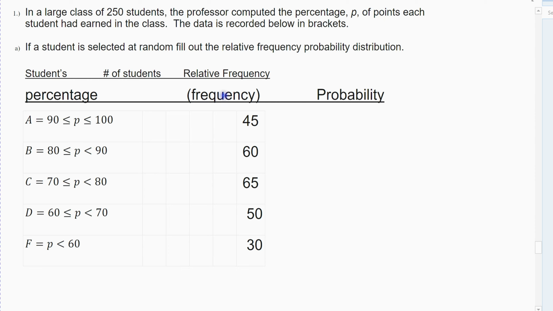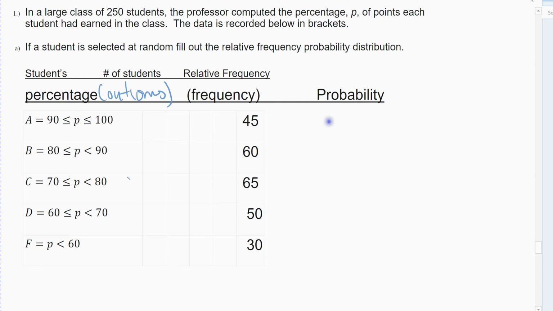These are all of my events: I get an A, a B, or a C, and these are the frequency of my event. Event getting an A, event getting a B, event getting a C, and event getting a D. These are my outcomes: I get A, B, C, D, or F.